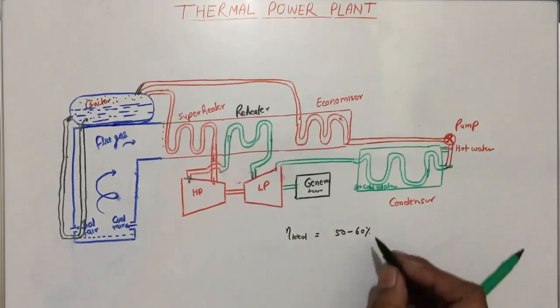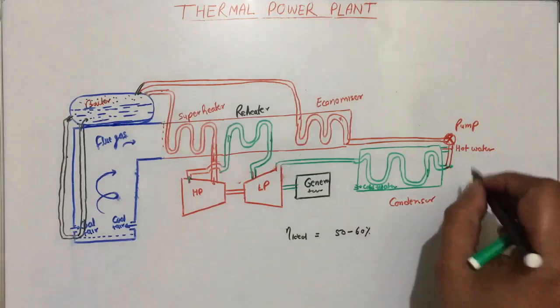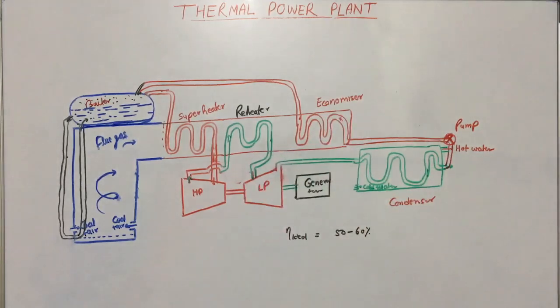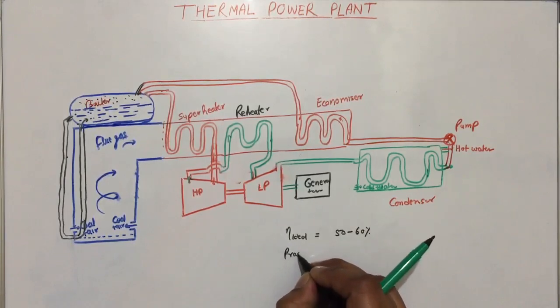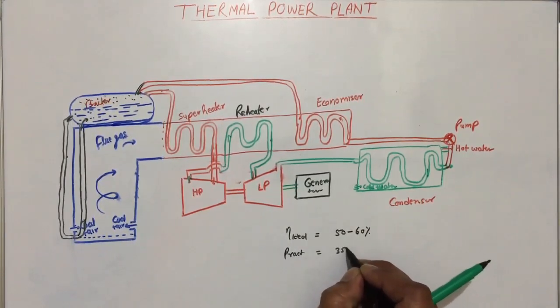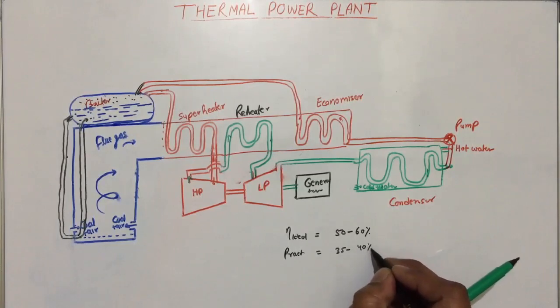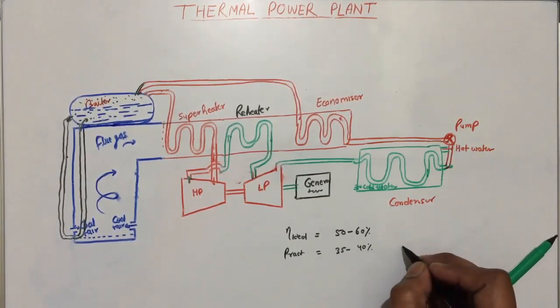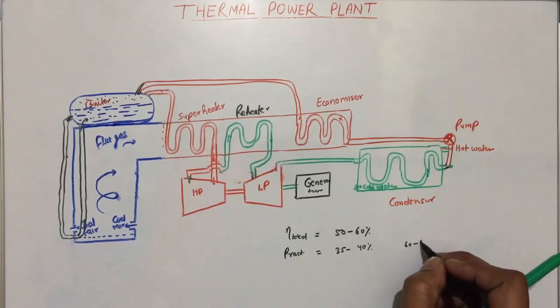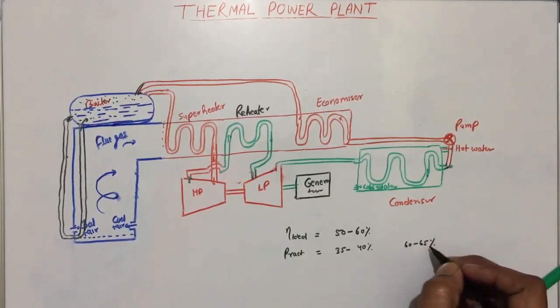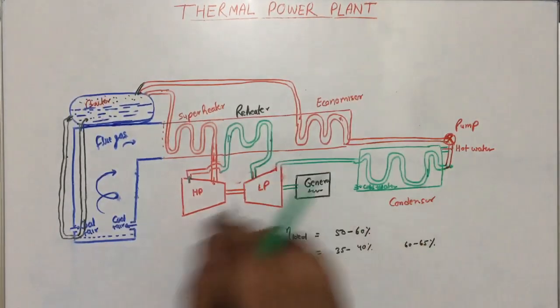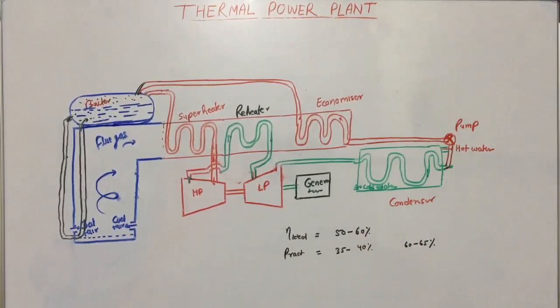It means 40%, 50 to 40% losses occur in the system, and practically it is 35 to 40%. So we can observe almost 60 to 65% heat loss occurs from the system. We are generating the heat, and of that heat around 60 to 65% goes in the form of loss.